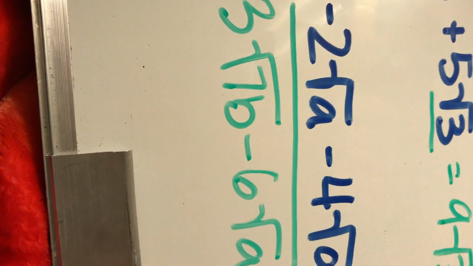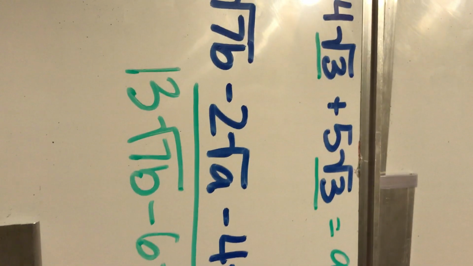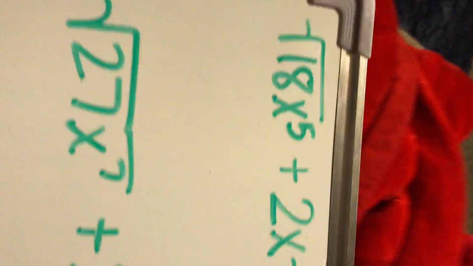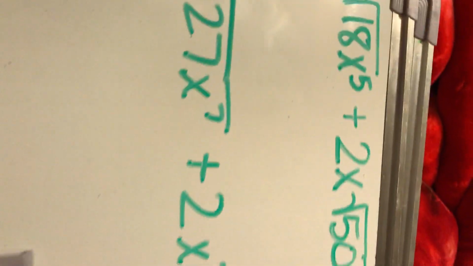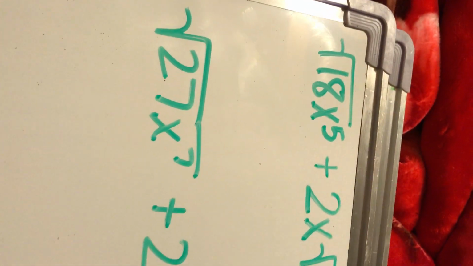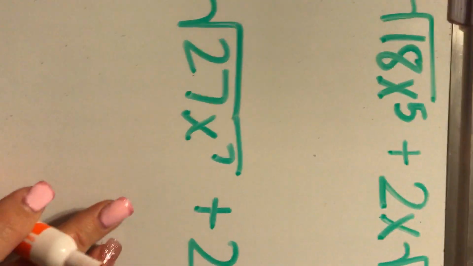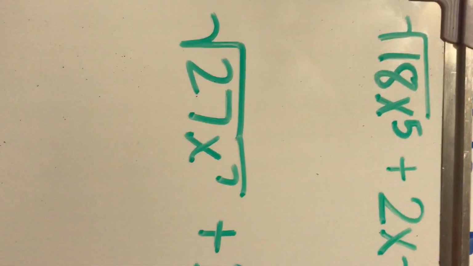All right. Now, in the case that we have radicals that are unlike, here we have a couple of examples where the radicals are unlike. The first thing that we have to do is simplify each of the radicals.